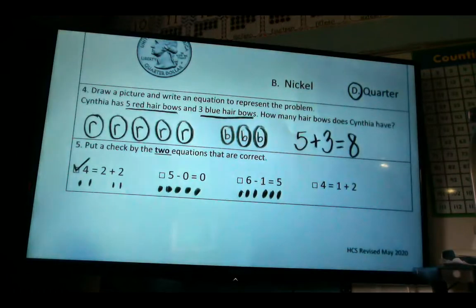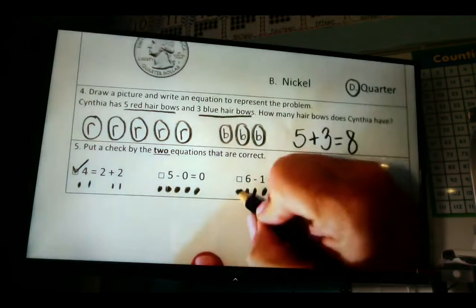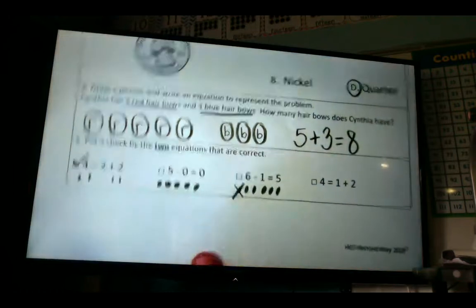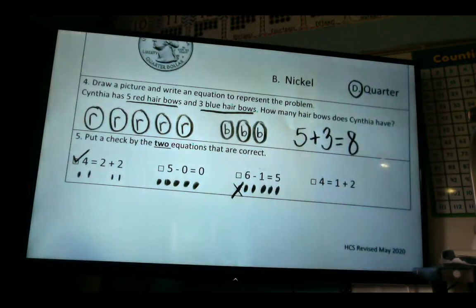Can you start with 6 too, please? Now, our equation says 6 minus 1. So I'm going to X out 1. Can you X out 1 too, please?